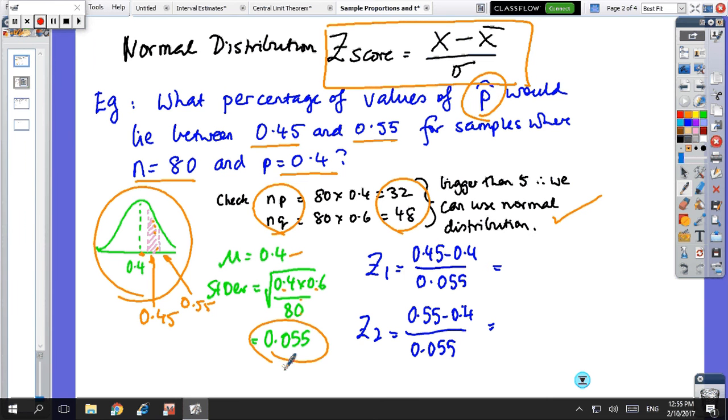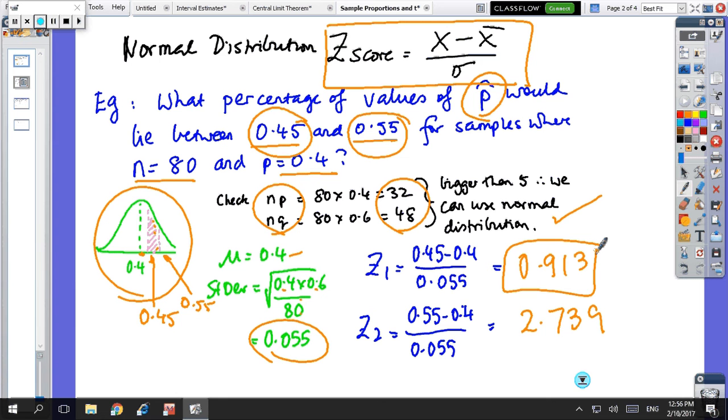So our z-score will be, first z-score for the 0.45 will be 0.45 minus 0.4 over 0.055, and I'm looking for my calculations for that one, and I've got 0.913, and for the second score 0.55 minus 0.4 over 0.055 is 2.739.